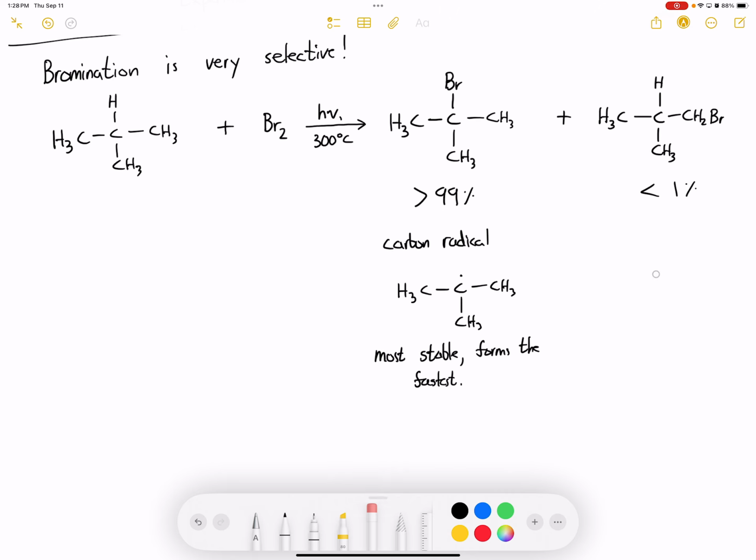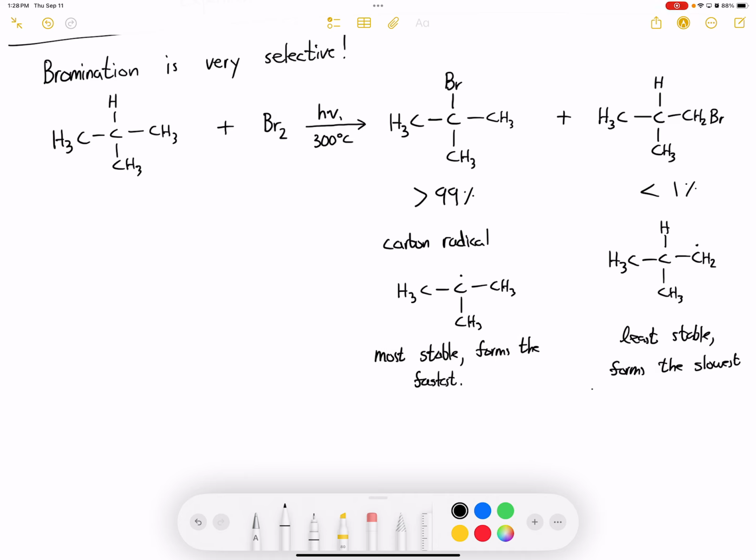So let's look at this radical here. So this radical, even though there's more positions for this kind of radical to form, right? Like this guy right here. Least stable. Forms the slowest.